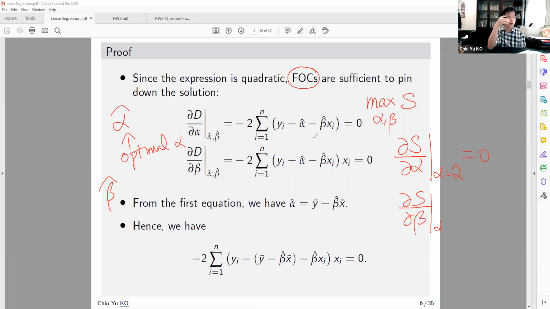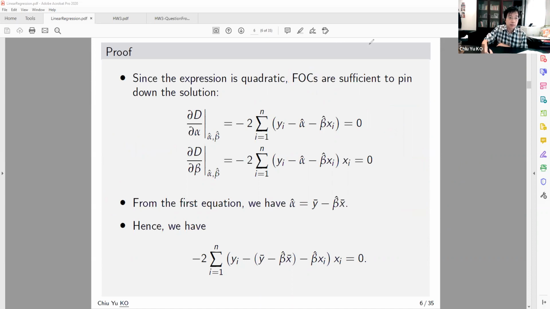It's an unknown constant, while here we use different alpha, we choose different values, and this is a variable. That's hard to explain, but this is the standard notation. If you don't like it, you can just say optimal alpha. I hope that makes sense.